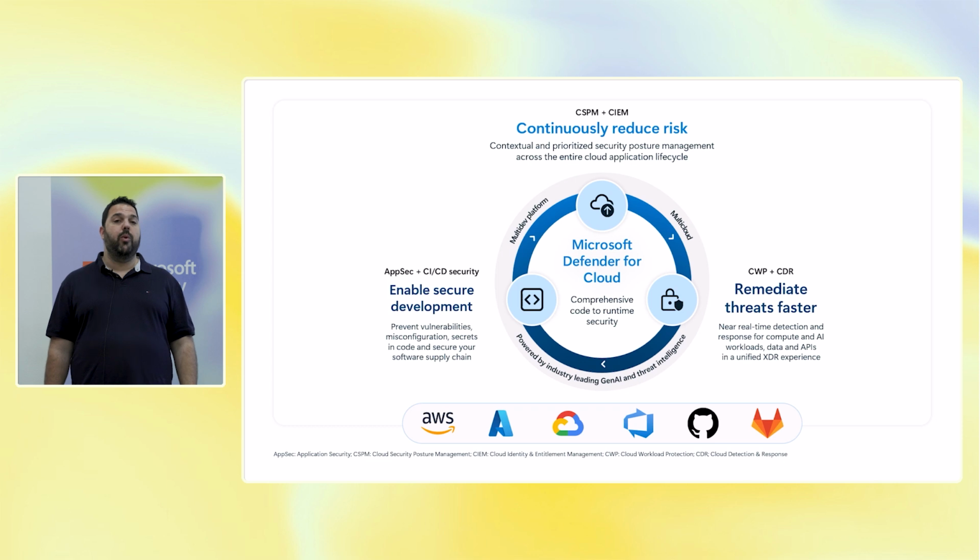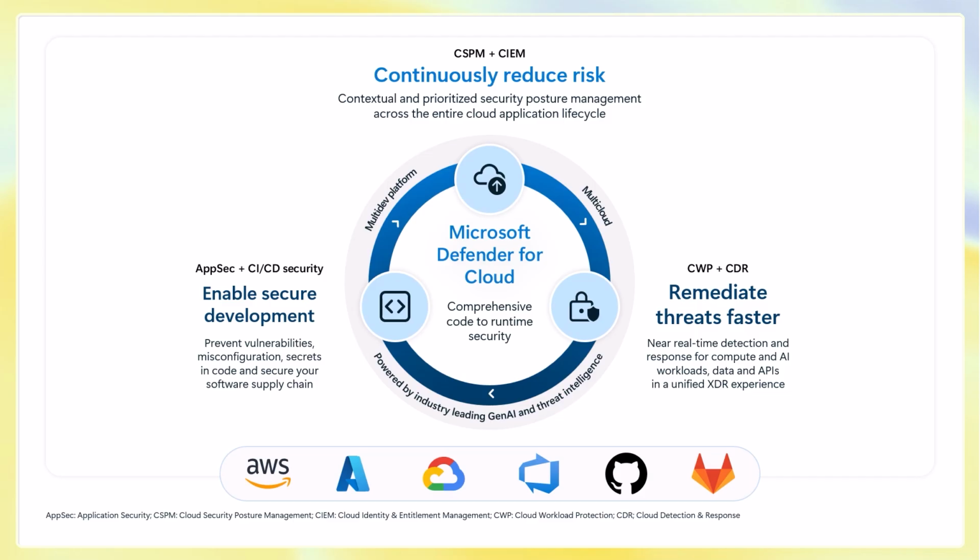In Defender for Cloud, we have a way of protecting AI applications from code to runtime. We always start by enabling secure development with app security and CI/CD security. This will help you prevent vulnerabilities, misconfigurations, and secrets in code to secure the software supply chain. In the middle, we continuously help you reduce risk to your cloud environments with CSPM, Cloud Security Posture Management, and Cloud Infrastructure Entitlement Management.